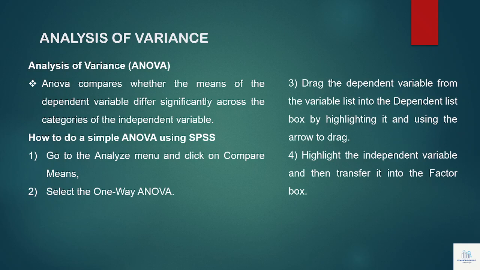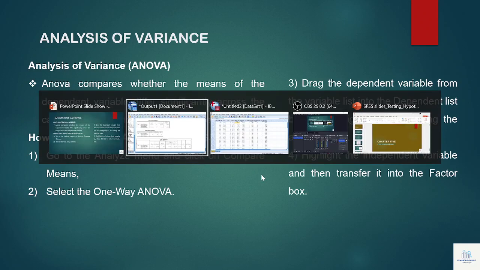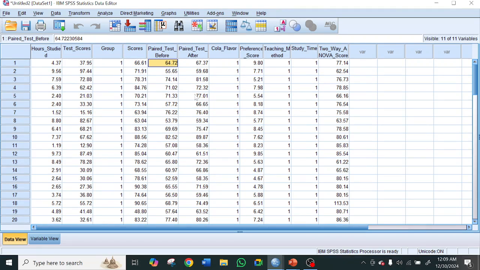So how do you do analysis of variance using SPSS? Go to the analyze menu, select compare means, select one-way ANOVA, drag the dependent variable from the variable list into the dependent list box by highlighting it and using the arrow. Then highlight the independent variable and transfer it to the factor box. So let's look at that using the data that I've been using.